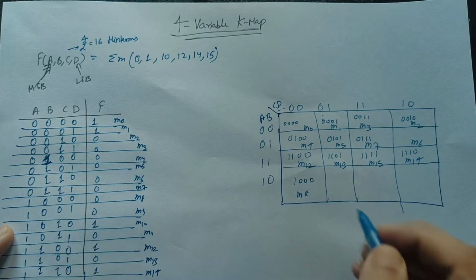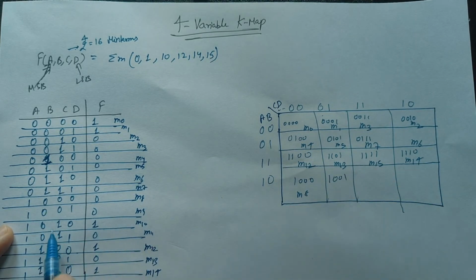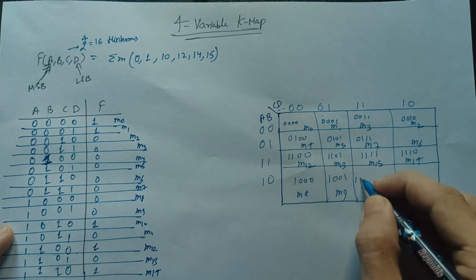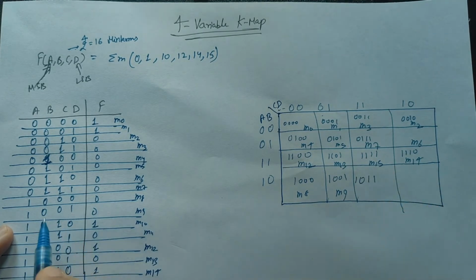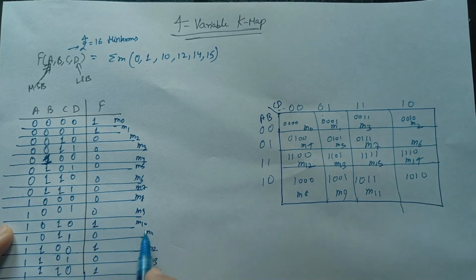Then 1 0 0 1, see from here, where is 1? This is 1 0 0 1, M9. Then 1 0 1 1 would be M11. 1 0 1 0 would be M10.